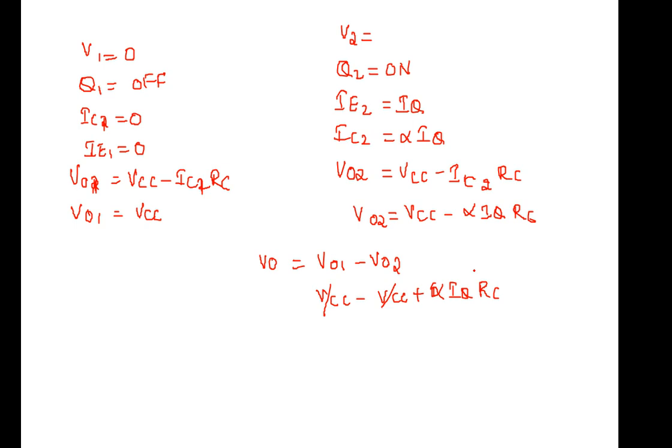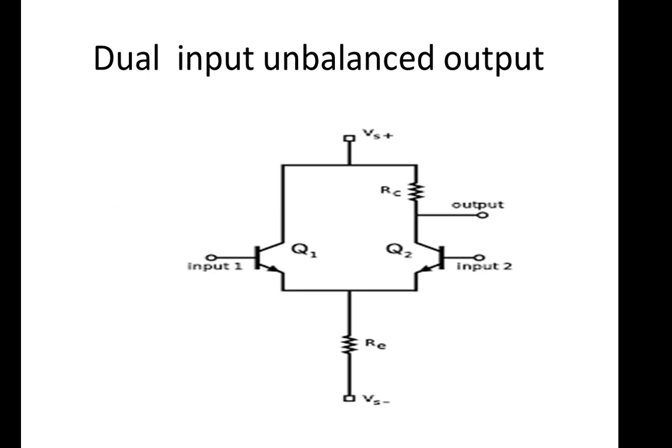Similarly, we have dual input unbalanced output and single input unbalanced output. So let us consider the next case, that is dual input unbalanced output. Here we are applying the two inputs, V1 and V2, but we are taking only one output. We are not considering the V01; the V01 is connected to ground. So I am doing the same thing we did earlier.